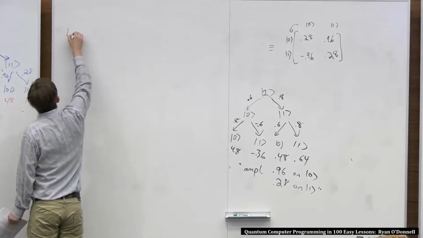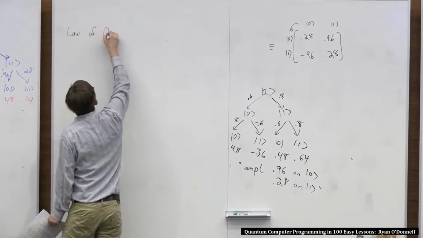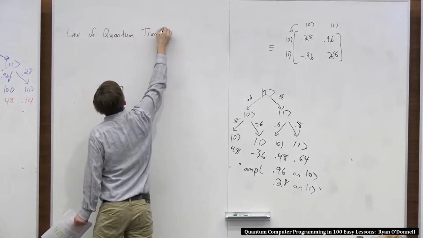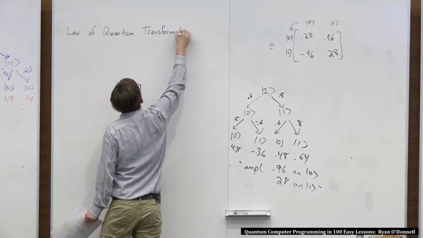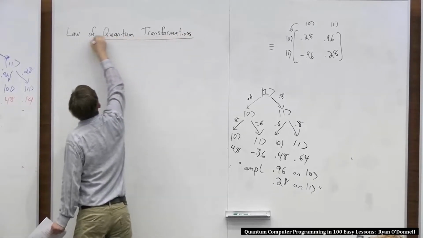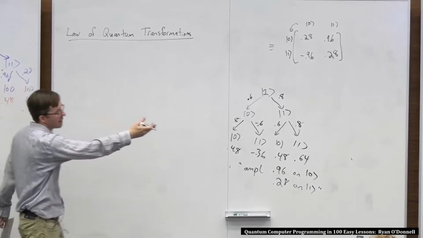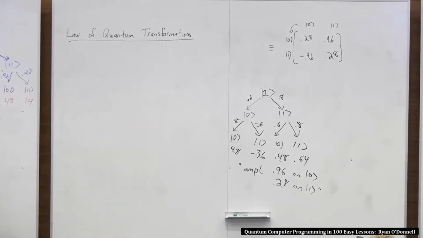So this is a law of quantum transformations. It goes together with our law of quantum mechanics that every valid state has to have squared amplitudes summing to 1, and the law of quantum measurement that tells you the probabilities with which you see different measurement outcomes.